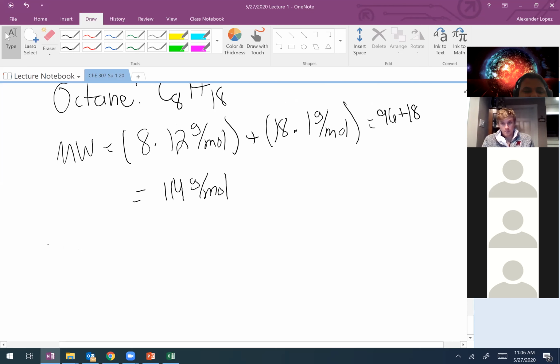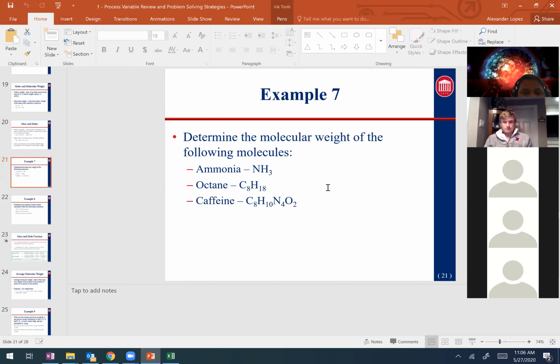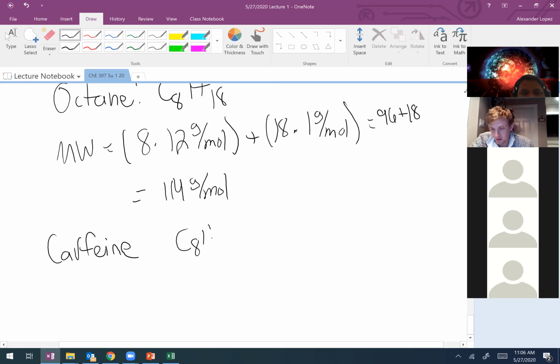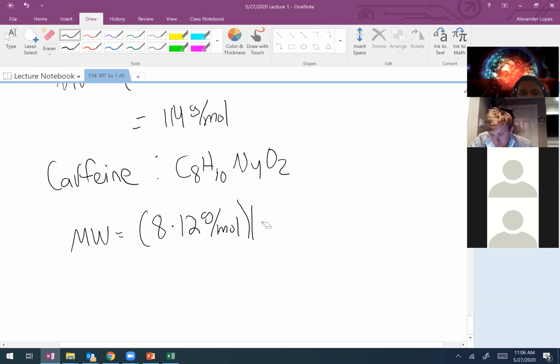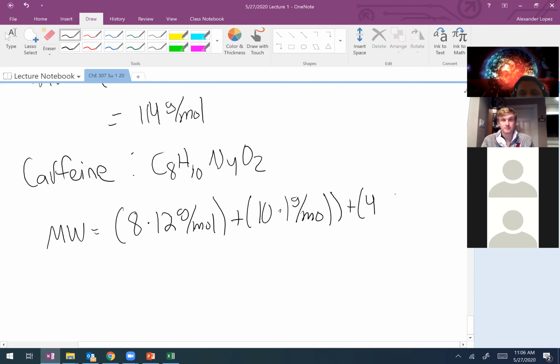And then last but not least, caffeine, C8H10N4O2. To find the molecular weight of caffeine, we have 8 atoms of carbon, 12 grams per mole for each. 10 atoms of hydrogen, 1 gram per mole. 4 atoms of nitrogen at 14 grams per mole.